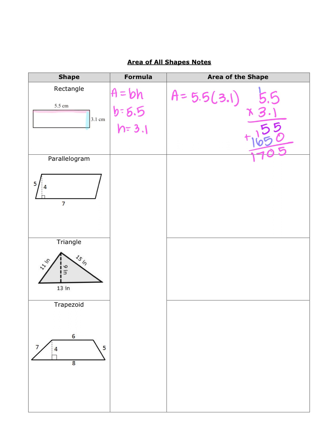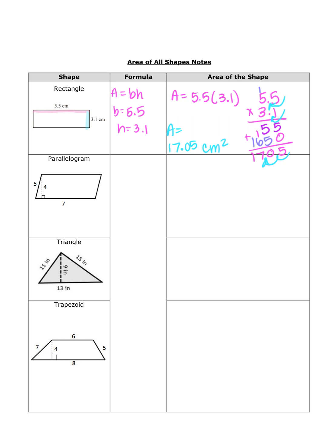So 1,705. No, I have to count my decimal places in the factors. That's 1, 2. So there's 2 total in my product. So that would mean my area is 17 5/100 square centimeters. Do not forget to label it.